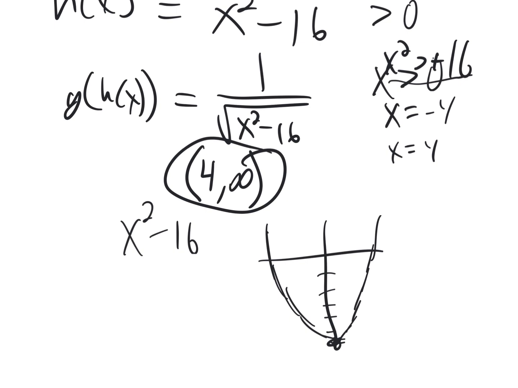I know it crosses the x-axis at (4, 0) and at (-4, 0), because we found that with the inequality. So anytime I have a number between -4 and 4, y is going to be negative. I can't take the square root of that negative number, right?